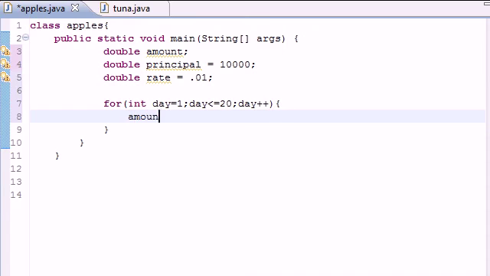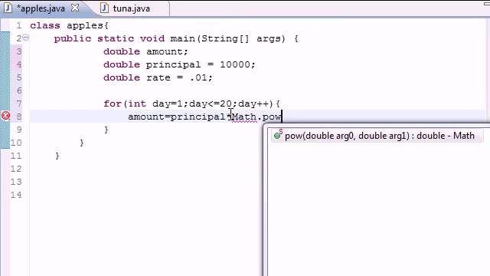Now let's get to the good stuff. We want to solve for amount, so that's what we're going to set it equal to, since we don't know what it is yet, but we do know the formula for it. It's principal, and make sure you type these right, times something to the power, and this calls for an outside method, Math.pow. You can see right here that it takes two arguments. The first argument is what's in the parentheses, and the second argument is the exponent.